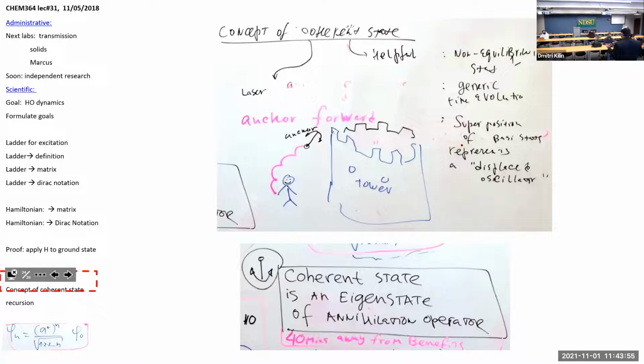We will need to identify whether it will be just oscillation of a center, or whether there will be similar effects as you saw for free space, where the width of the wave packet expands, whether it will expand or not.